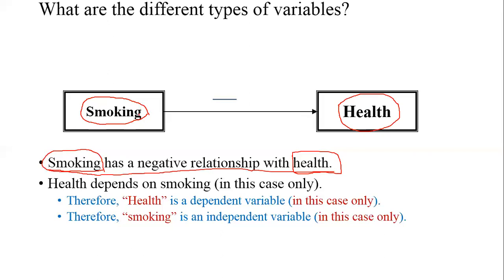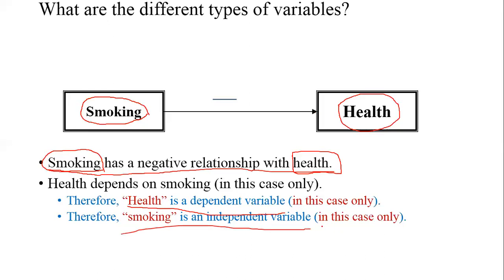So these are the two types of variables. One is known as the dependent variable and the other is known as the independent variable. You can also keep in mind that the arrow always goes from the independent variable towards the dependent variable. So health is a dependent variable and smoking in this case is an independent variable.